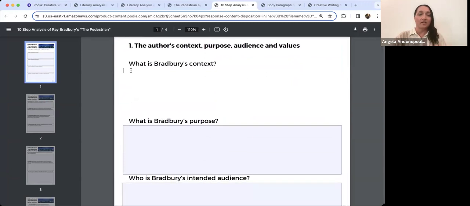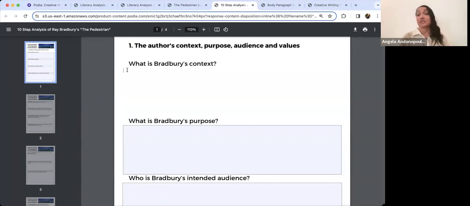Give you some time for thinking, and while you're typing away in the comments, I'm just going to put in a few details here. I found it interesting that in 1949, Bradbury was walking through the streets of LA, and a policeman stopped him and asked him what he was doing, because there weren't a lot of pedestrians in that area. He said to the police officer that he was walking with a friend, that they were just putting one foot in front of the other.